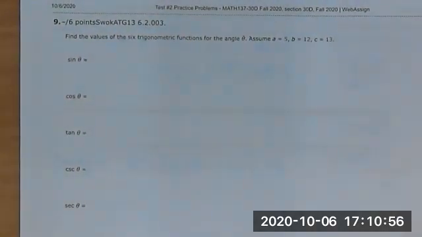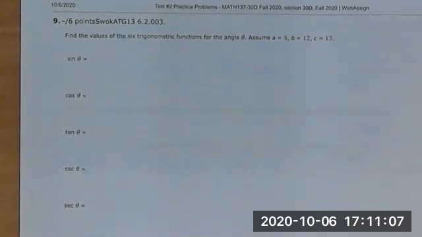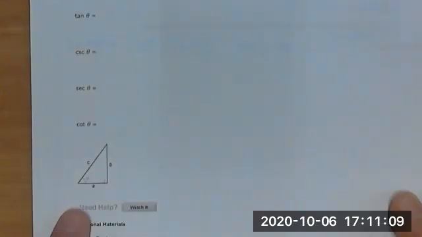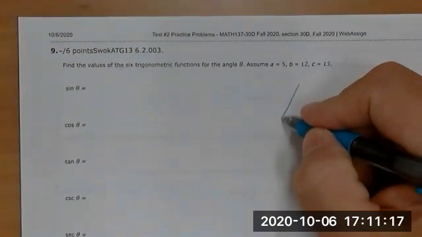Find the values of the 6 trigonometric functions for the angle theta. Assume A is 5, 12, and 13. So here is a triangle, and they want you to find all the trig functions. Let me redraw this triangle so we can see it easier.